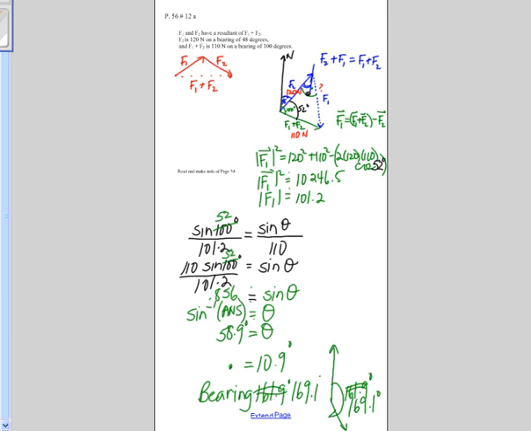A bearing of 169.1 degrees. So force 1 was 101.2 newtons at a bearing of 169.1 degrees.